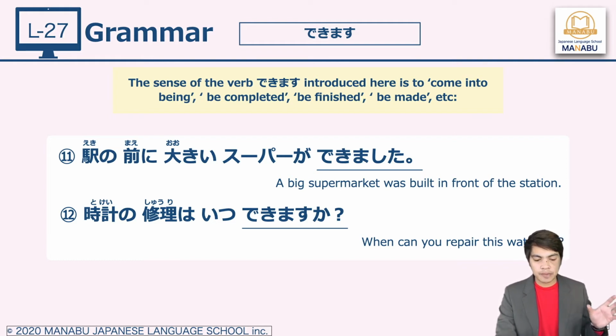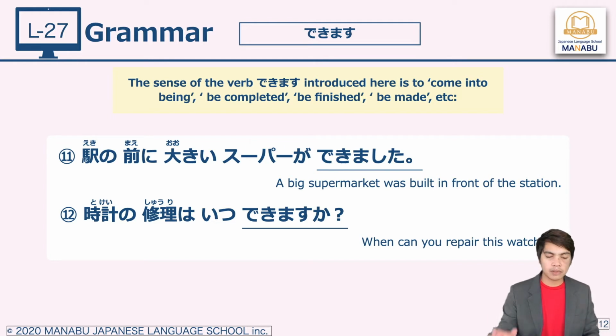Supa. Ookii supa, a big supermarket. Particle ga dekimashita. So noun ga dekimasu. A big supermarket was built or was made in front of the station.